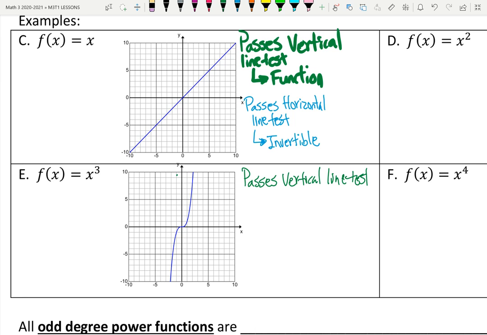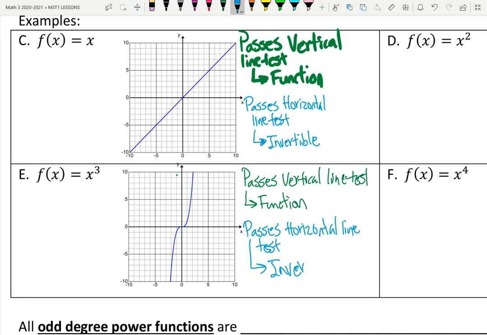Since it passes the vertical line test, that means this is a function. It also passes the horizontal line test. Therefore, it is invertible, meaning that whatever the inverse is would be a function.